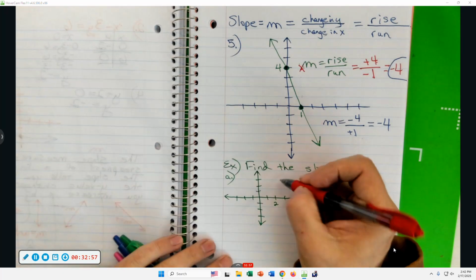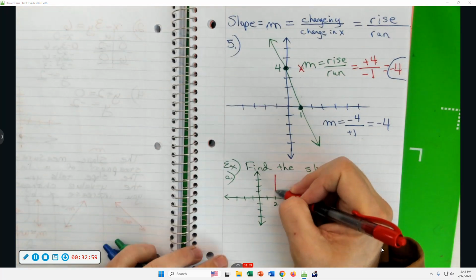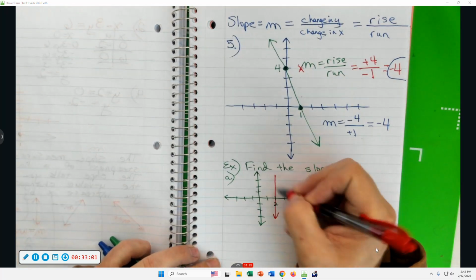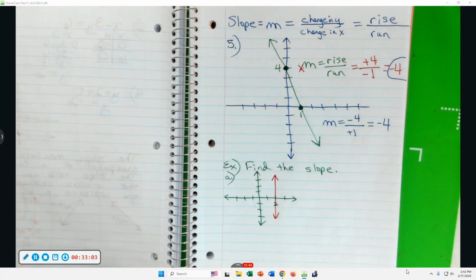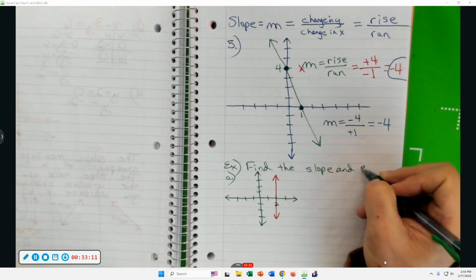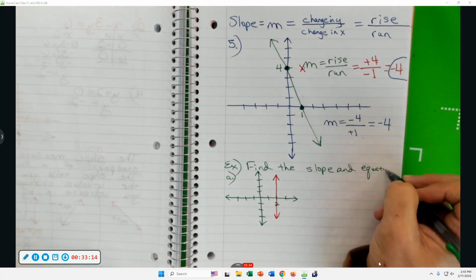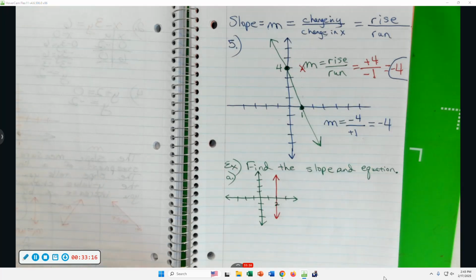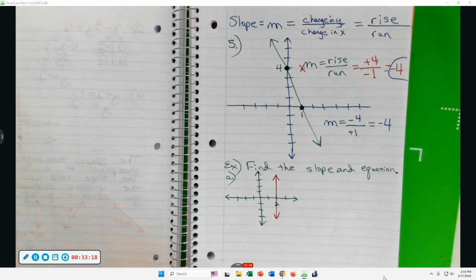So let's suppose we have the vertical line passing through 2. I'm going to say find the slope and equation. I'm making up this problem so I can change the instructions if I want to, something I can't do with my lab. I want to find the slope of this line and the equation.